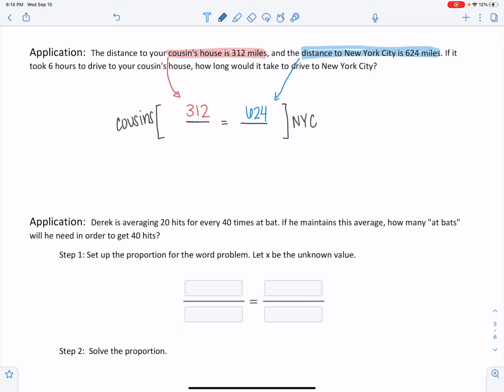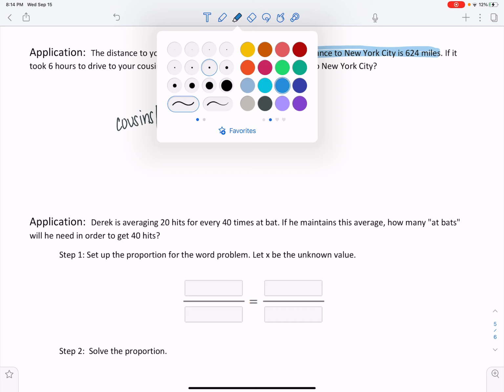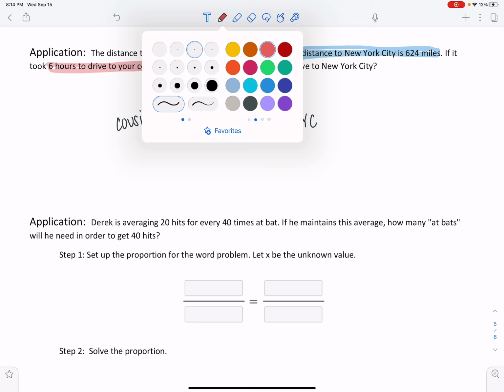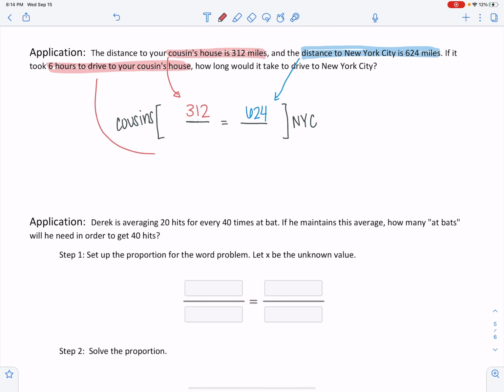If it took 6 hours to drive to your cousin's house, so this is going to go with my cousin's part. So I have 6 hours to drive to your cousin's house. So that's going to go over here on this left fraction where I have cousins. And then on the right side, the rest of that sentence says, how long would it take to drive to New York City?